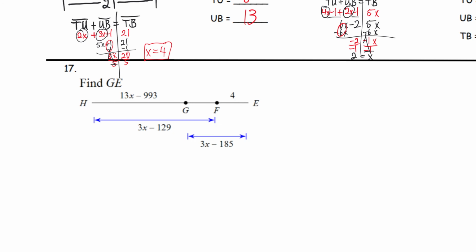If you take line segment HG, and then you take G to E, that and that together represent the length of the whole thing, because H goes to G and then G goes to E. That takes us all the way from H to E. Also, this blue line starts at H and goes all the way to F, and then from F to E. So from here to here, together with this, also represents the length of the whole thing.